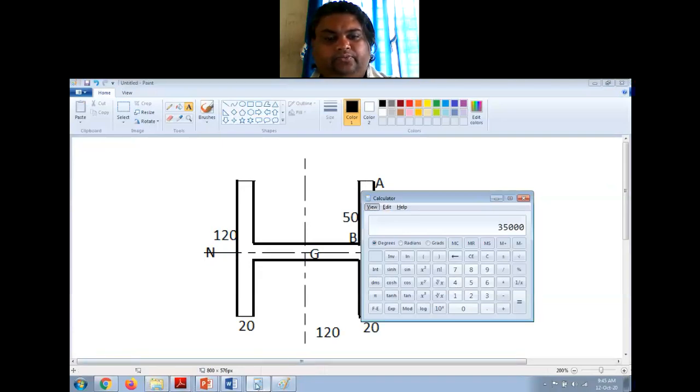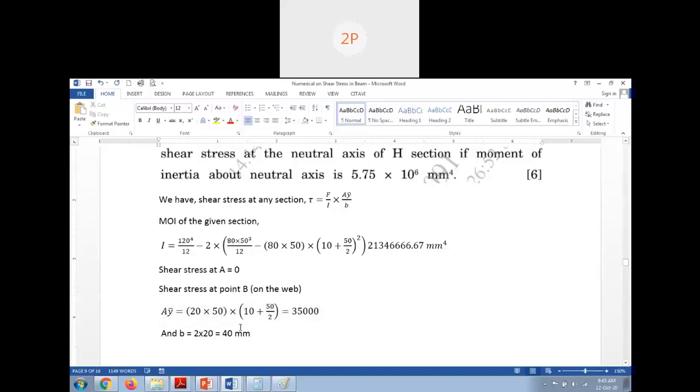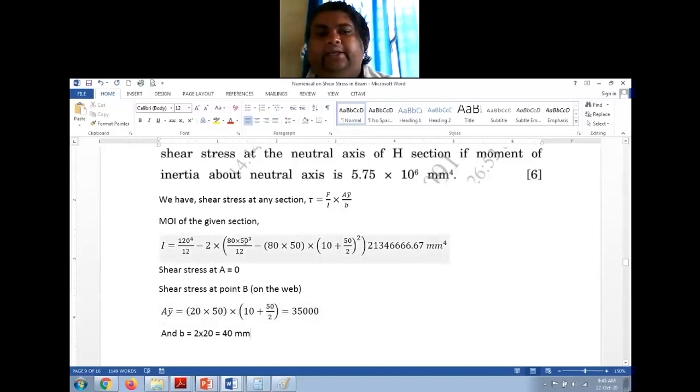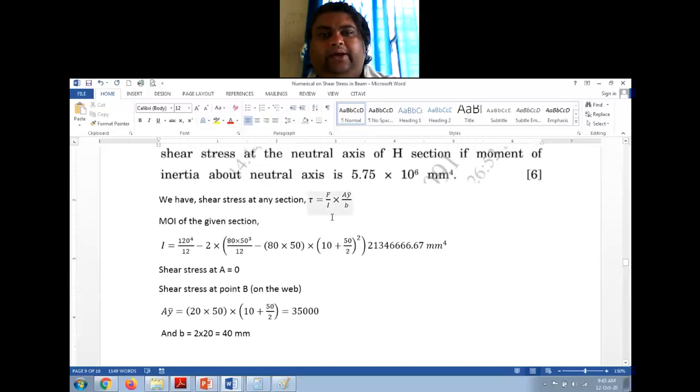So b will be 2 into 20, which is equal to 40 mm. That's the only difference, right? We never took any numerical which is having two sections like this. So here b I have to take like this. Now I have everything for this. You have to just substitute the values, and okay, F I have not calculated.